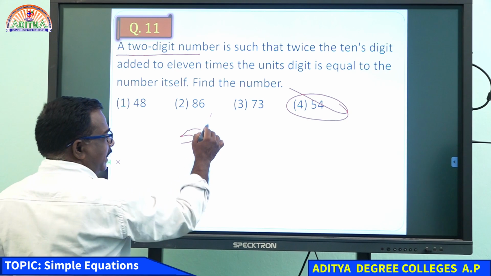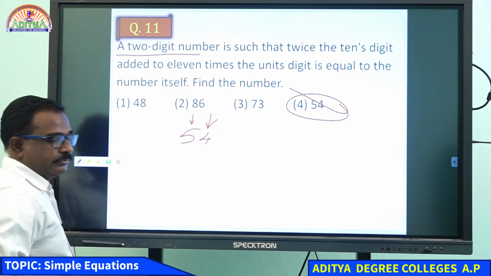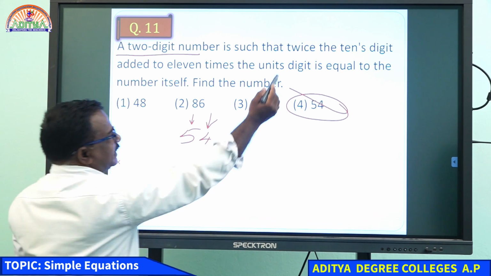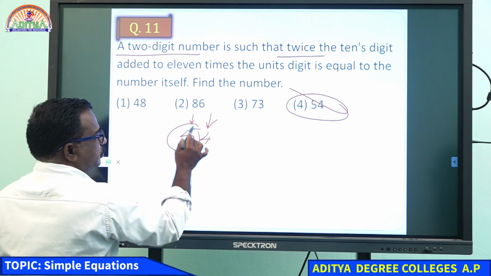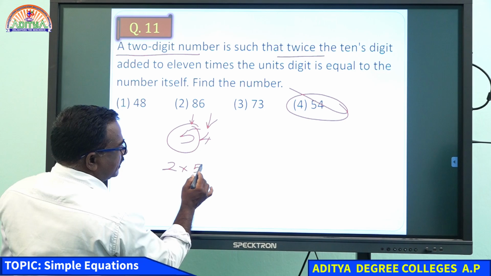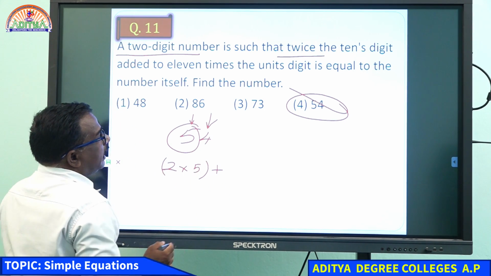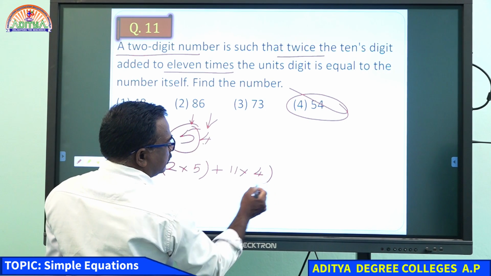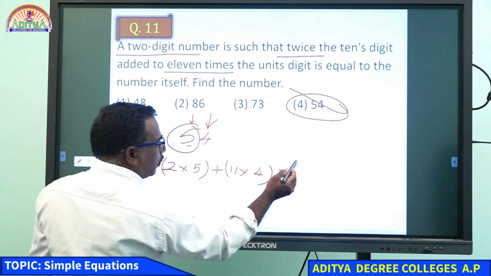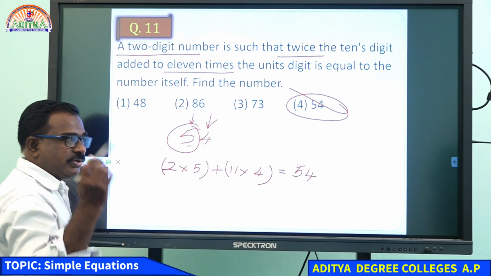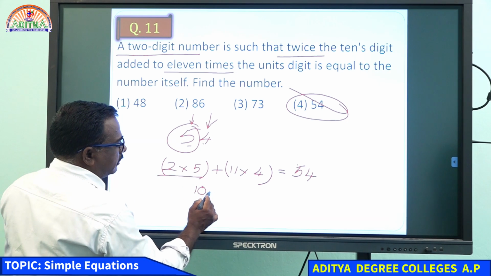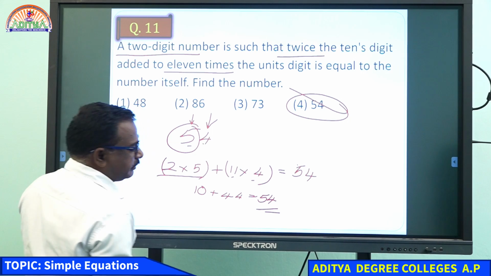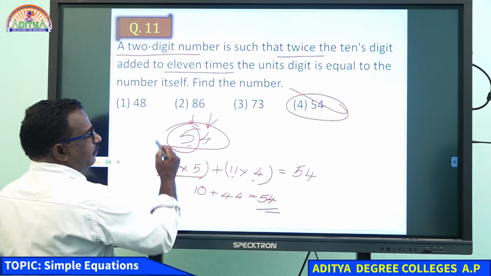What is the condition? Twice the tens digit plus 11 times the unit digit should give 54. 2 fives are 10, 11 fours are 44, equal to 54. Correct. So the number is 54.